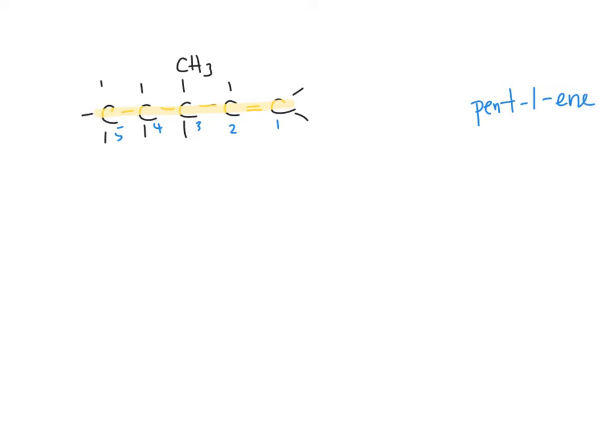That only accounts for the first 5 in the straight chain, though. We also have this side group, which is a methyl, and it is on carbon 3. So this compound is 3-methylpent-1-ene.